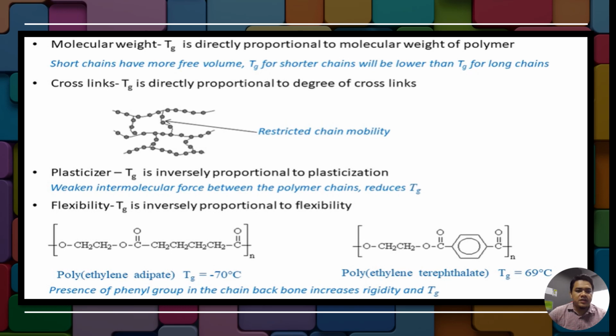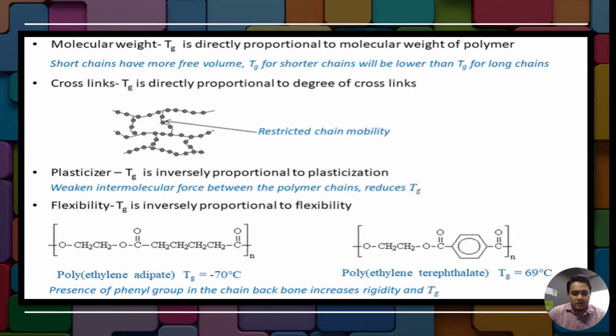Okay, flexibility. Glass transition is inversely proportional to the flexibility. Okay, from the flexibility example, we can see they have two examples of the change that occurs for the flexibility.